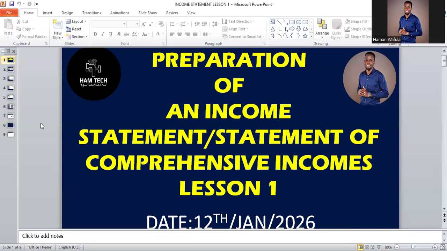The trading account stops at finding the gross profit. Then in order to find the net profit, you're supposed to add on the profit and loss account. When you combine those two vertically, you come up with what they call an income statement. So basically, that's a brief introduction about an income statement, prepared to determine either the net profit or net loss of a business.